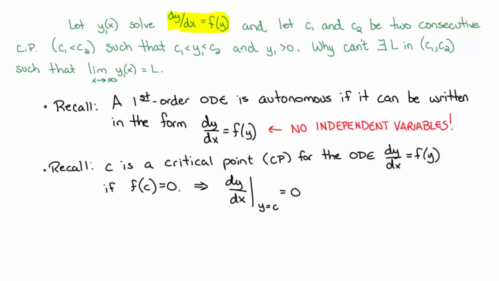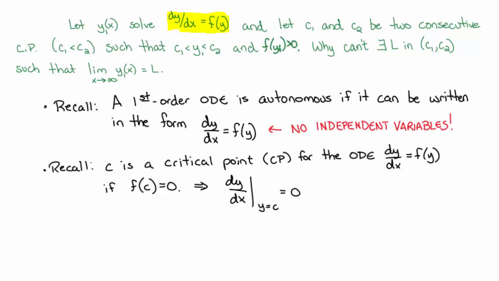Going back to the original question, we're going to assume that c1 and c2 are two critical points, where, without loss of generality, c1 is less than c2, so there's some order to it. We also note that our solution is between those two critical points, and that f of y1 should be positive.